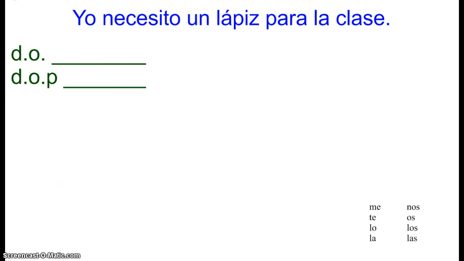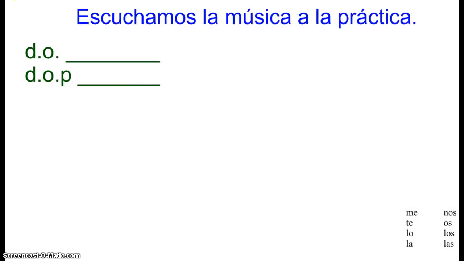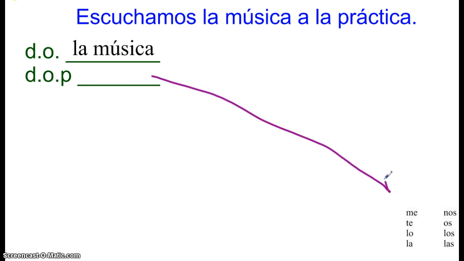Try this one on your own. Escuchamos la música. What's receiving the action, what's getting listened to, is la música. That's our direct object. We have to choose a direct object pronoun that's the same gender and number as música.